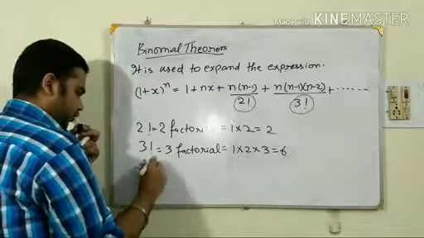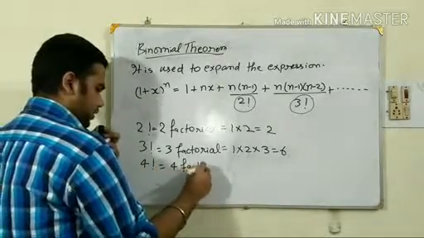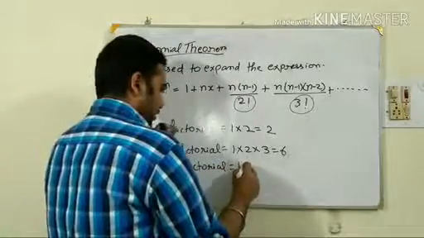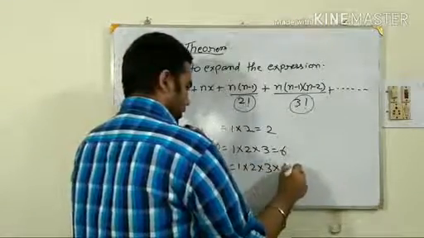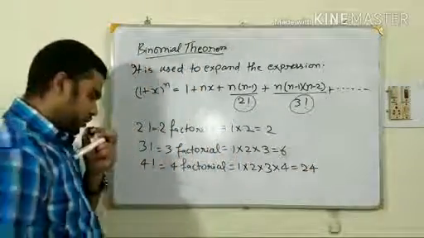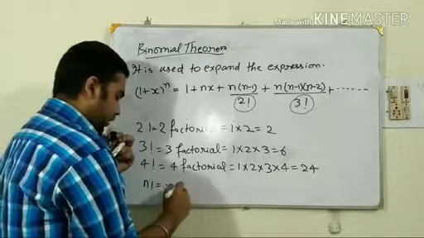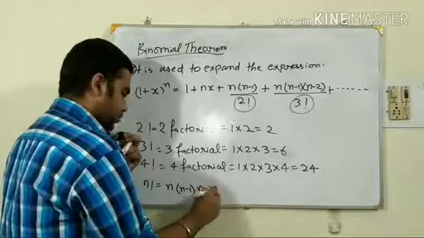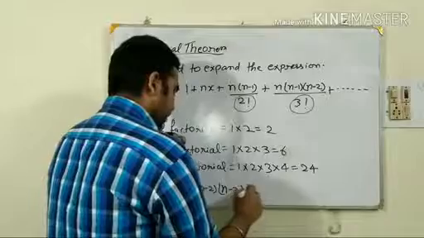Similarly, 4 factorial is equal to 1 into 2 into 3 into 4, which is 24. So it goes on. n factorial is equal to n into n minus 1 into n minus 2 into n minus 3 and so on.